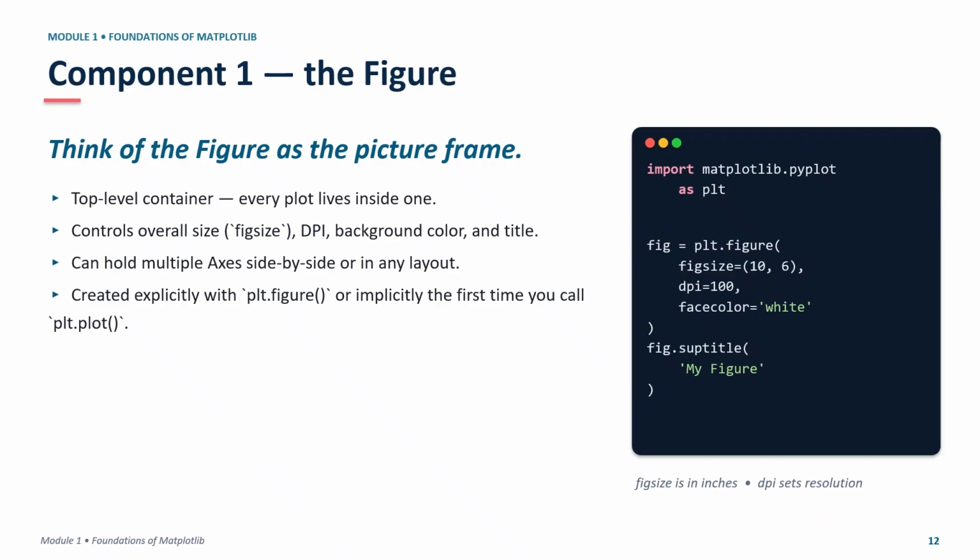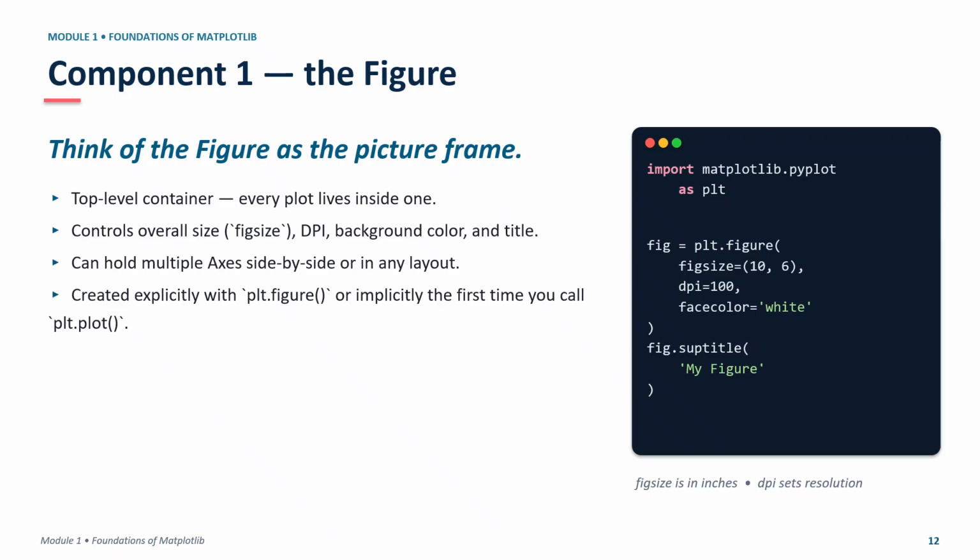You can create a figure using code like this: fig = plt.figure(figsize=(10, 6), dpi=100, facecolor='white'). This gives you full control over the figure size. Figure size is given in inches here, not in pixels, and DPI is dots per inch. So this is the explicit way of creating the figure.